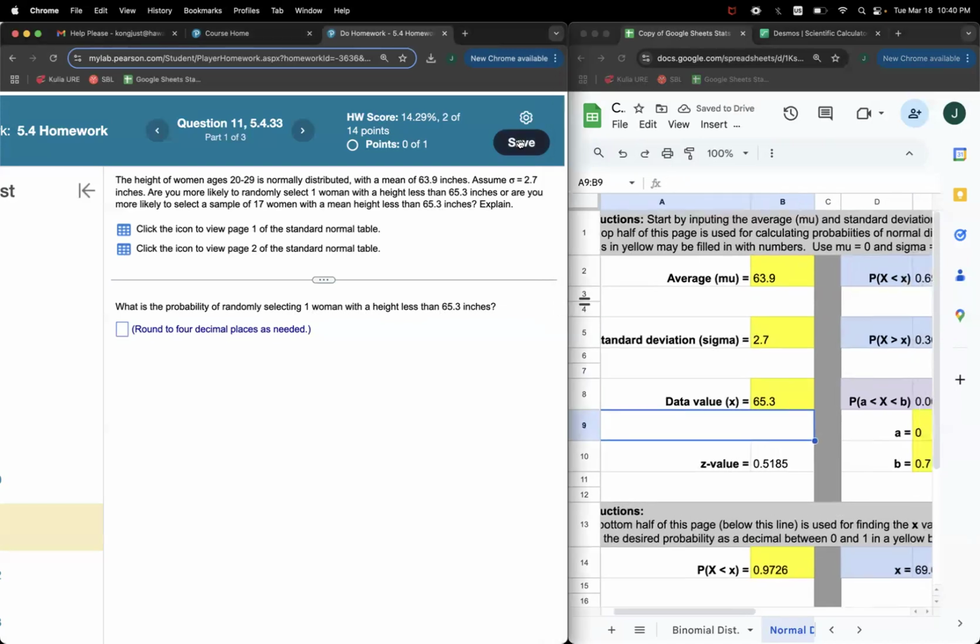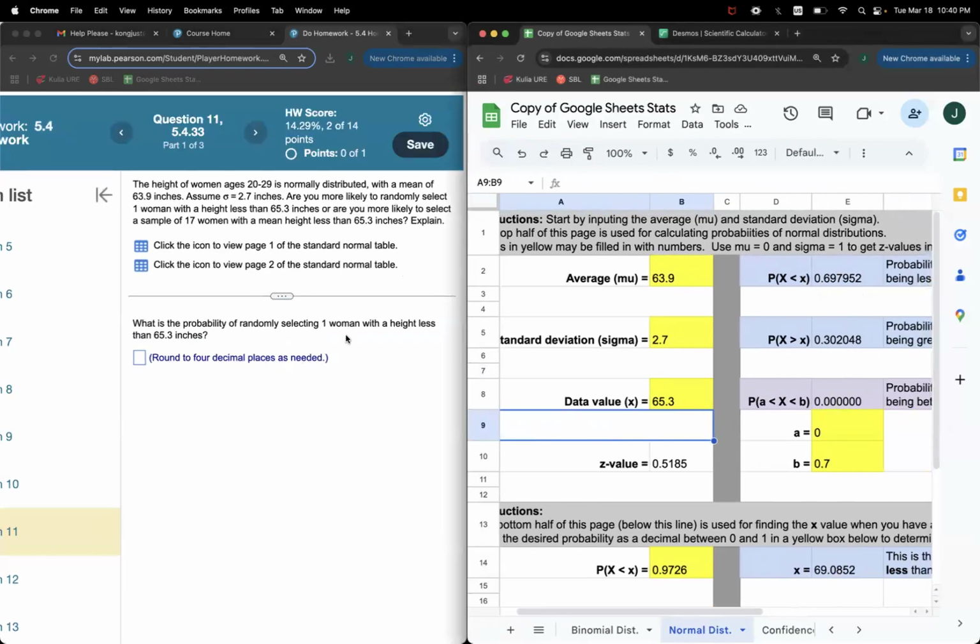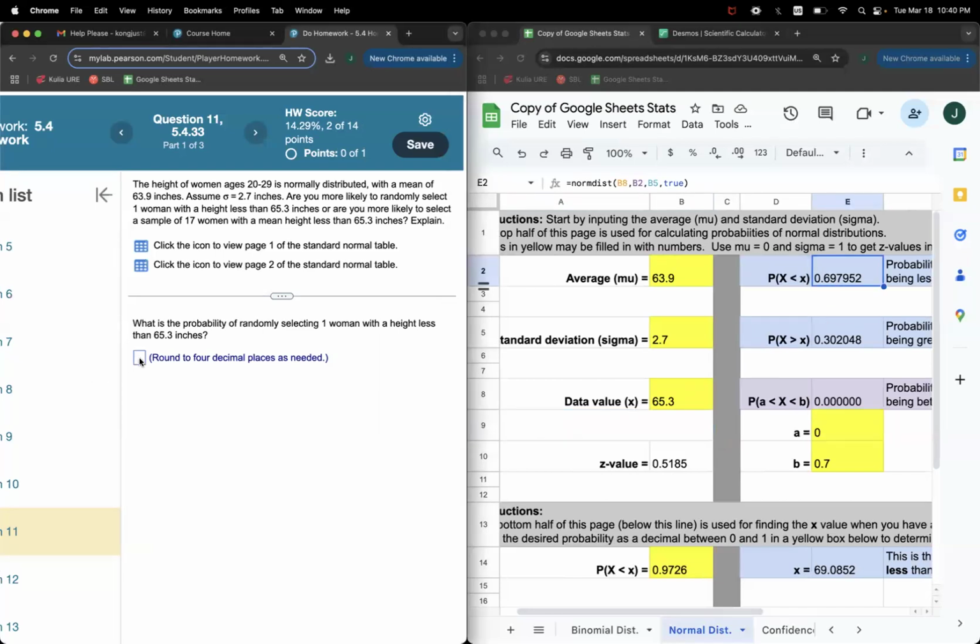Here I'm looking at the probability that the height is less, so I'm looking for less than the value that was given. That's 0.6975, and to the nearest four decimal places it rounds to 0.6980.